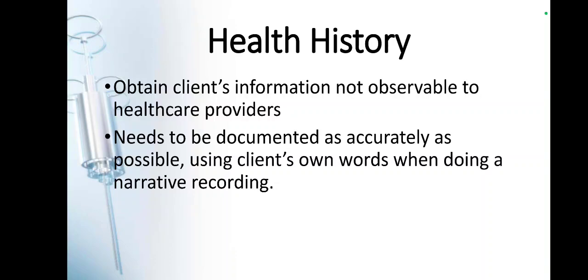This includes the patient's emotions and feelings, anything that can be verified only by the patient. Unlike the physical examination or the head-to-toe assessment, health history provides information that we cannot directly observe. It relies on effective communication and careful documentation using the patient's own words whenever possible.